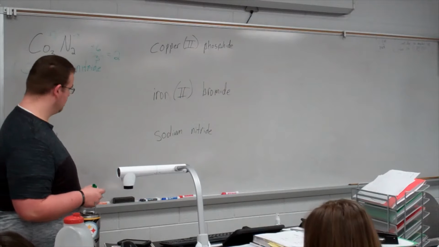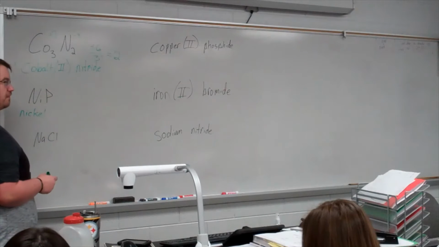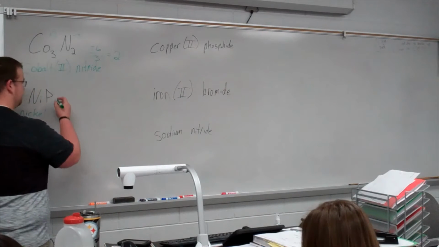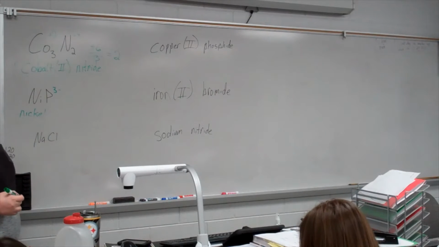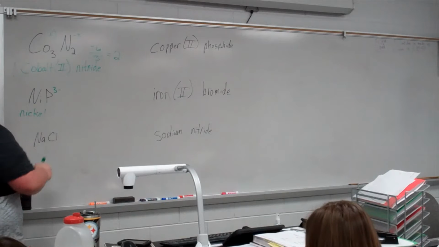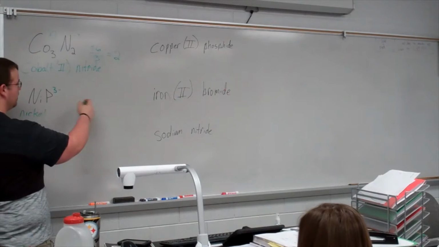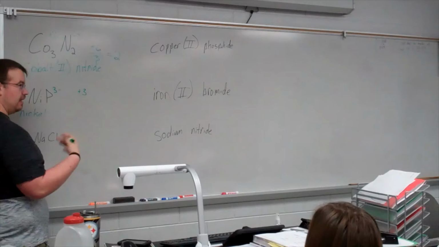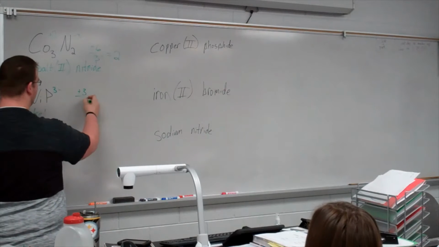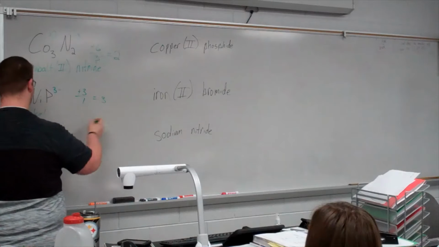What's the charge on phosphide? -3. I don't know why I said 5. So that means the nickel has to equal a +3. There's only 1 of them, so 3.